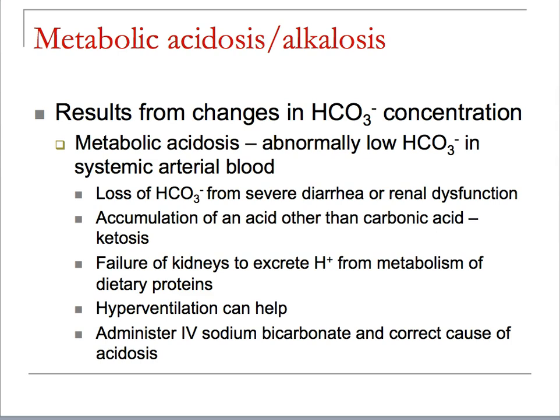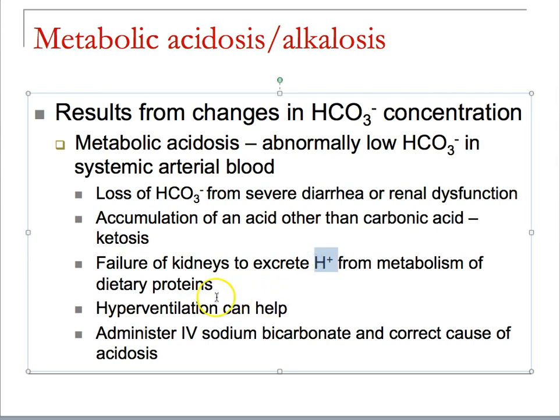So the results from changes in bicarb would be metabolic acidosis, where you have an abnormally low bicarb value, and the accumulation of acid other than the carbonic acid is going to lead to ketosis. Failure of the kidneys to excrete that hydrogen proton is going to cause major problems.